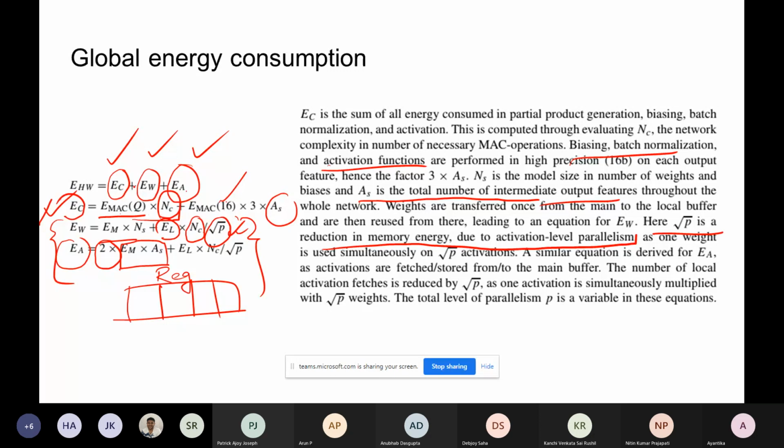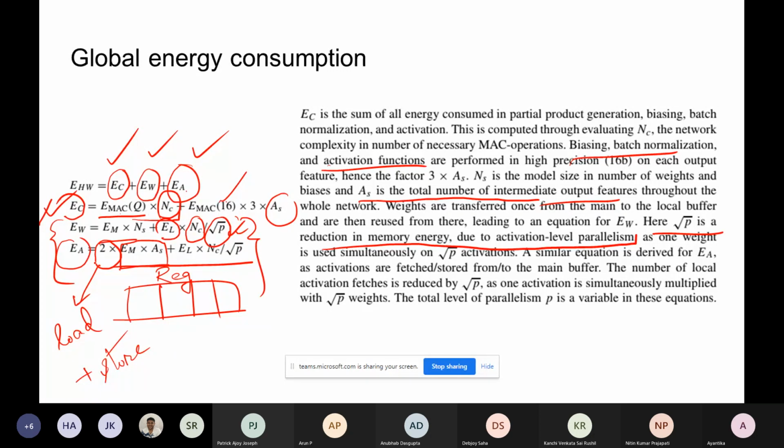But for activation input related energy consumption, we are talking about load as well as store. So you are loading, fetching and storing. That's why 2 into the same value. Rest everything is the same. You are fetching from the register, but when you are storing back, you are storing in some memory location. That's why this 2 factor.